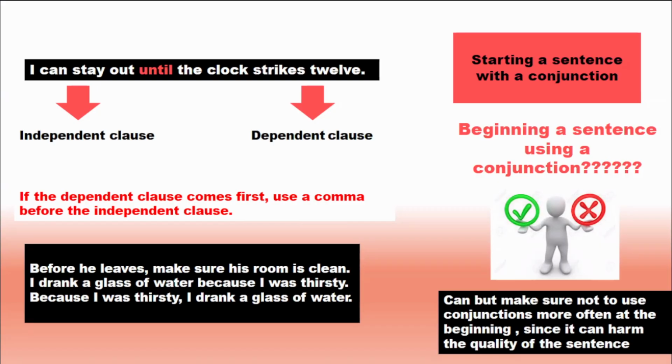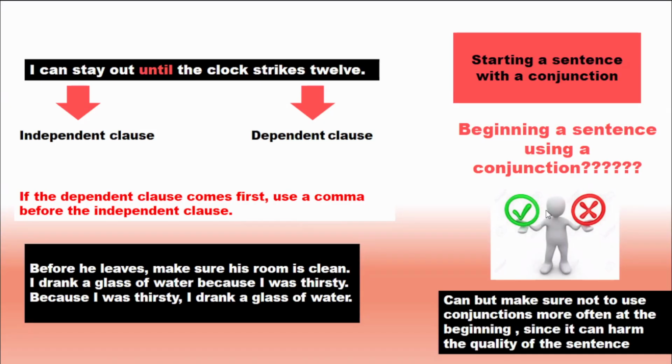I drank a glass of water because I was thirsty. Because I was thirsty, I drank a glass of water. So you can see the difference. When the dependent clause comes first, you use a comma just after the dependent clause along with the conjunction. So I hope you understood.